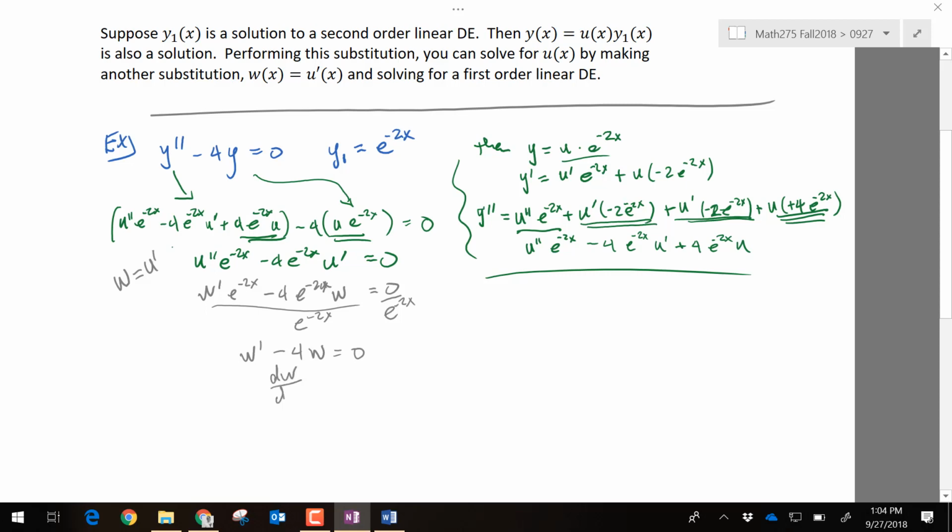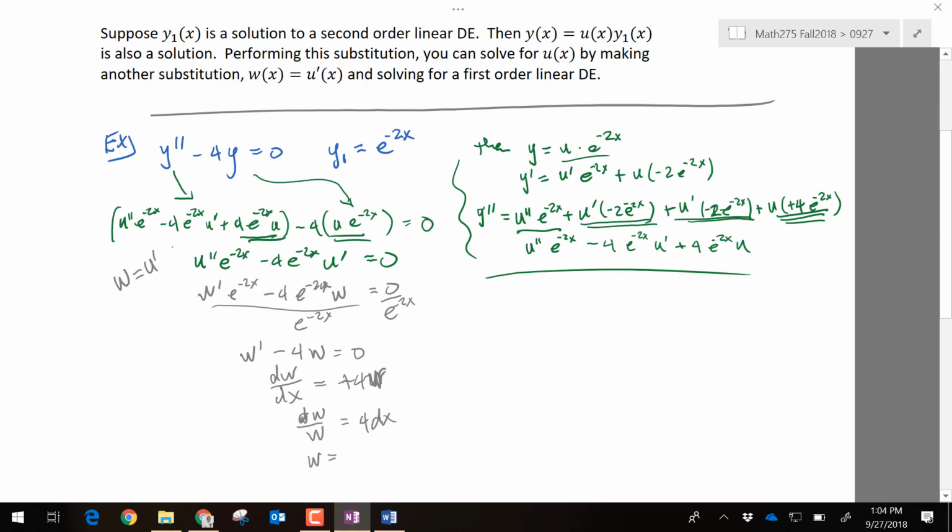Dw dx equals 4w. It's linear, but it's also separable, right? So dw over w equals 4 dx.